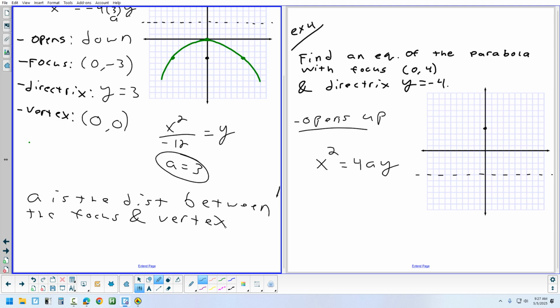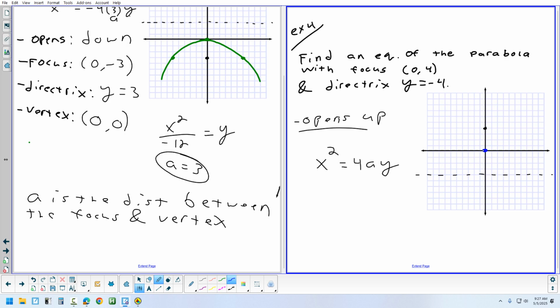That's what A is. Now, they didn't give us the vertex in that picture, but it has to be halfway between the two that I just drew. So where does that mean your vertex is going to have to be in this picture? The origin. Has to be at the origin. The vertex has to be equidistant between the focus and the directrix because it is a point on the parabola. Has to be. Okay, so we got our vertex.